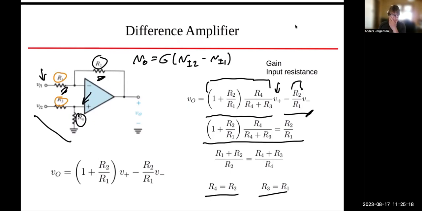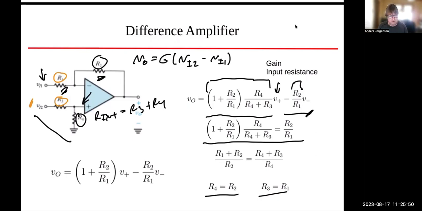Now, what about the input resistances here? Well, the two terminals have different input resistances. The input resistance is the effective resistance to ground. So we look at the input resistance of the positive side right here, and that input resistance is R3 plus R4. So I can write R in plus is equal to R3 plus R4, like that.